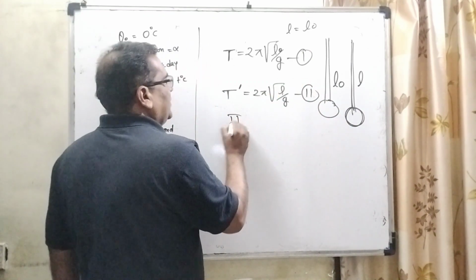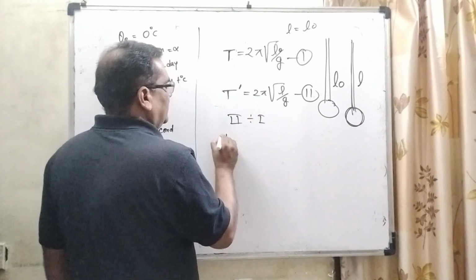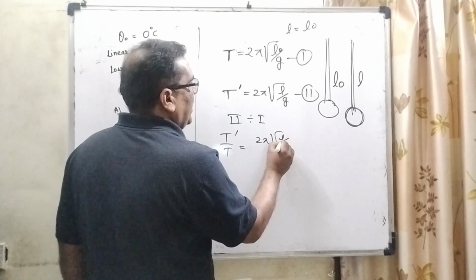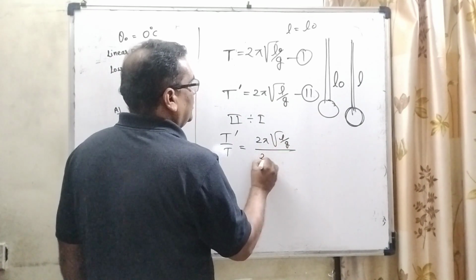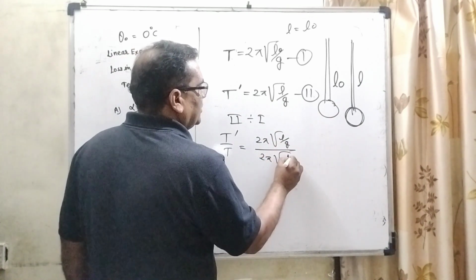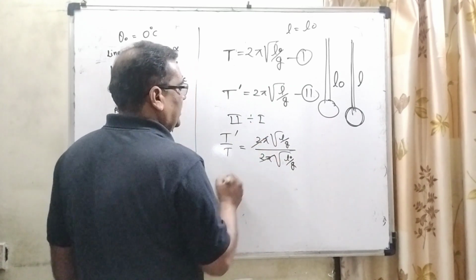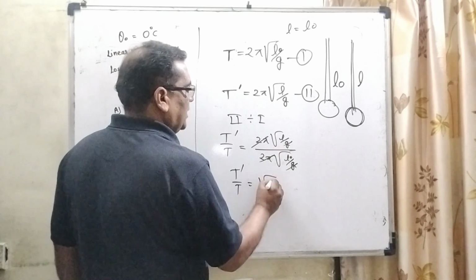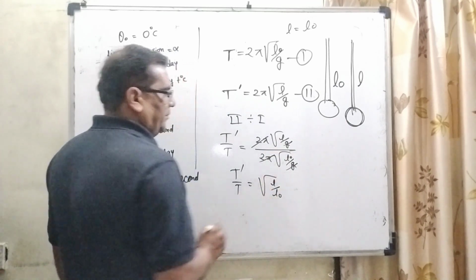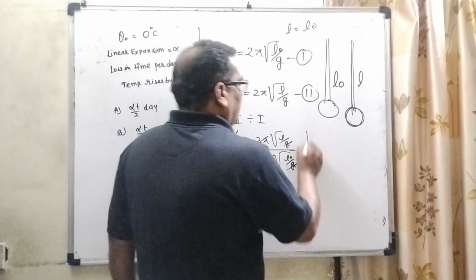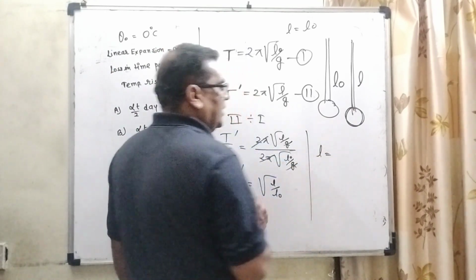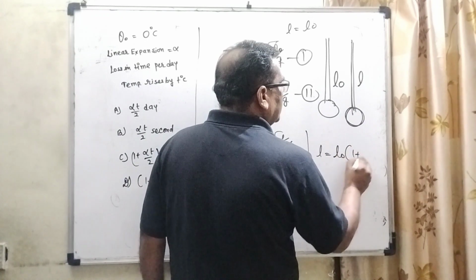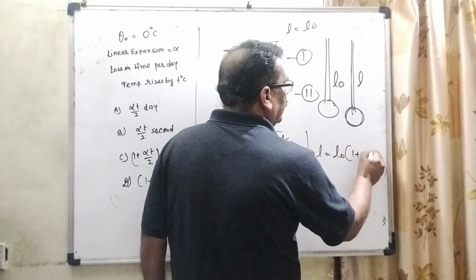Second equation divided by first: T dash upon T is equal to 2 pi root L by g upon 2 pi root L naught by g. 2 pi cancels out, g cancels out, so T dash upon T is equal to root of L upon L naught. We know the linear expansion formula, L is equal to L naught into (1 plus alpha into delta T).